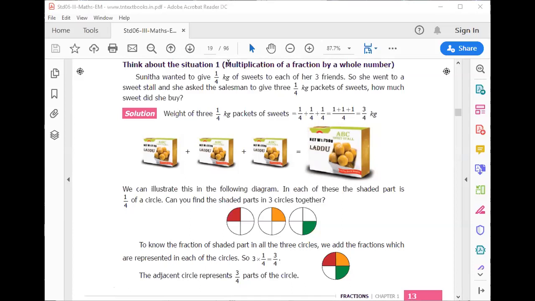till you establish commutativity. I don't think the book has done it.